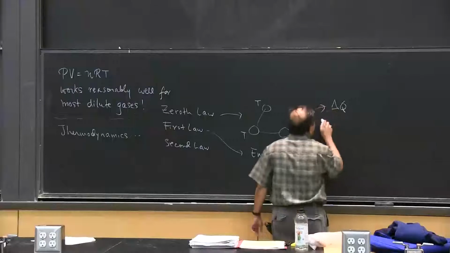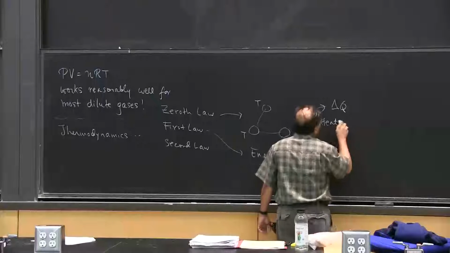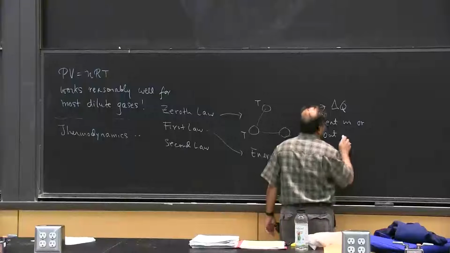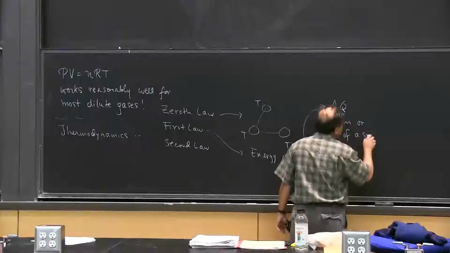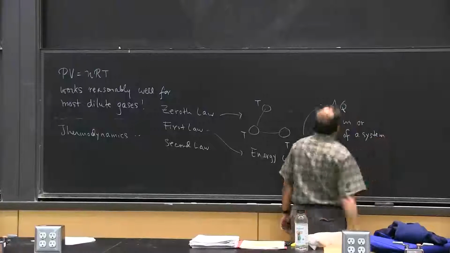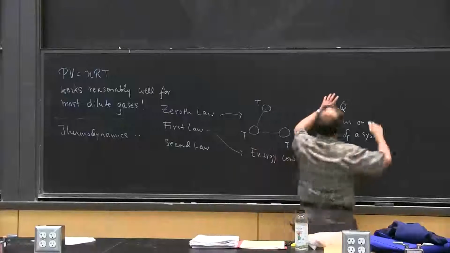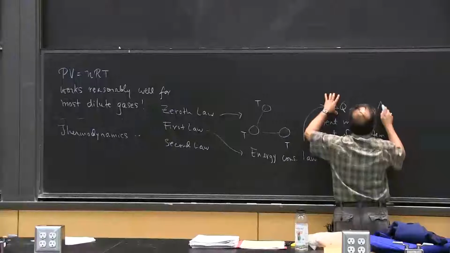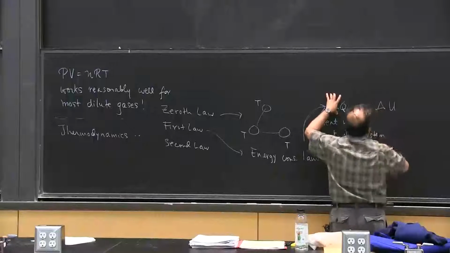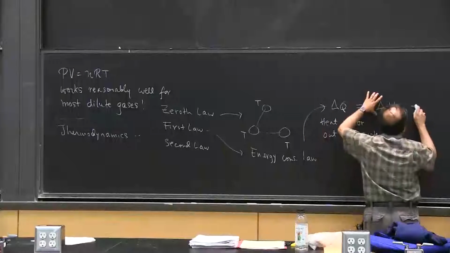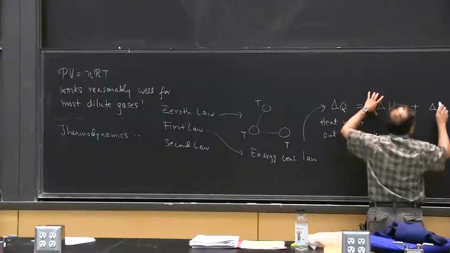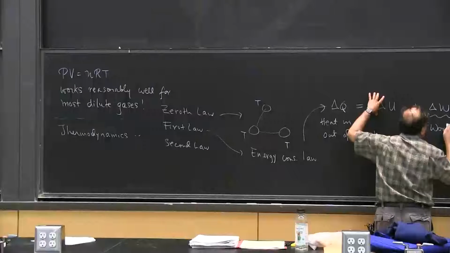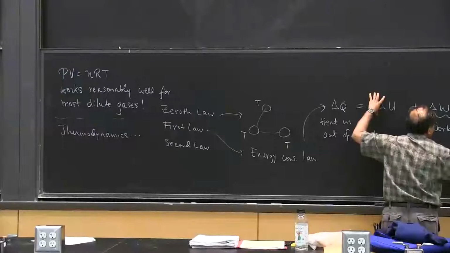Delta Q, that is the heat in or out of a system, that's one side of the equation, is equal to delta U, this is a very complicated thing, plus delta W, which is the work done by the system.